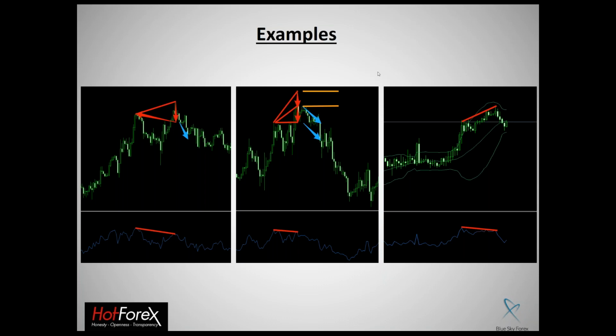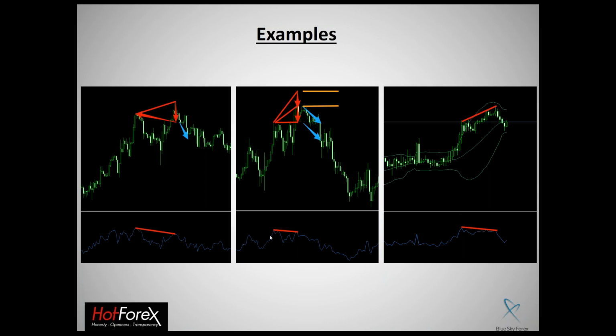So these are the few examples that I have brought out. This far, the concept of a divergence between the price and an indicator should be really clear. The price shows a different thing, higher highs, but the indicator shows a lower high. Now, you don't necessarily have to have 2 points.